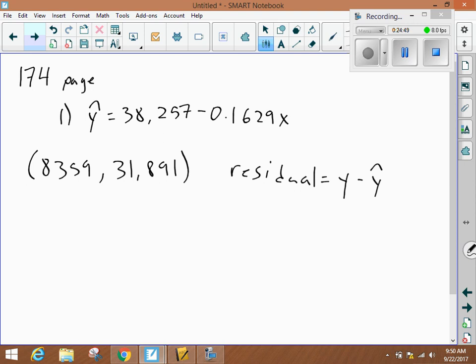There's another way to say that. Okay. So that means that what I need to do, let's figure out what y hat is. The way that I find out what y hat is? Plug it in, plug it in.